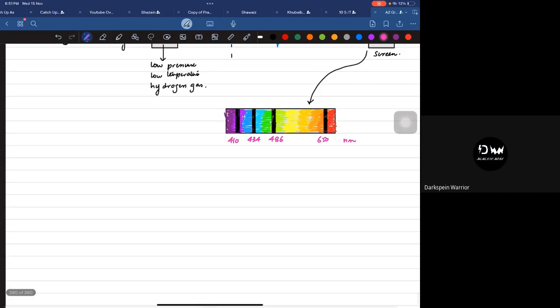Now we can write about it. This one is a lot like a continuous spectrum. However, it has a few lines missing.